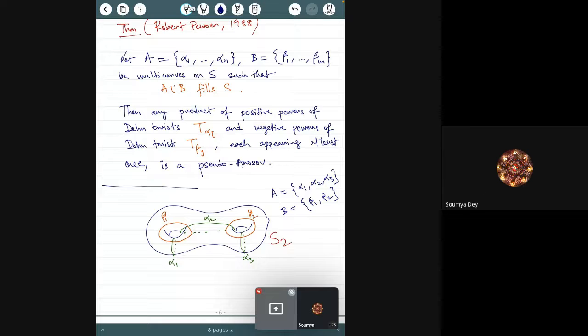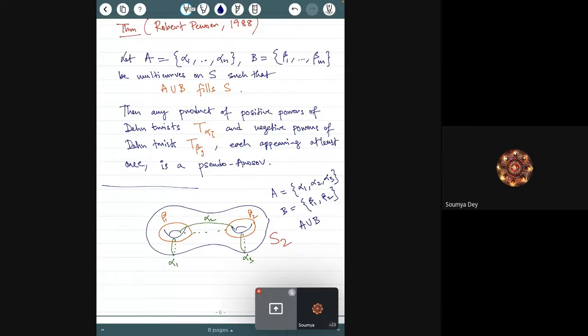Now, you need to see here that A union B, if you consider all of them together, will fill your surface. This means if you remove these curves, all of them, from your surface, then you will land up with a disjoint union of some disks.